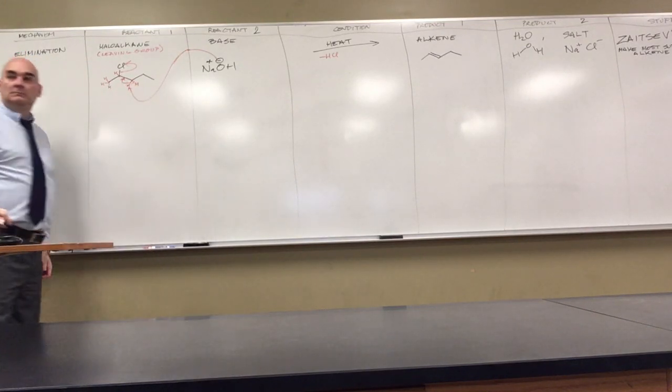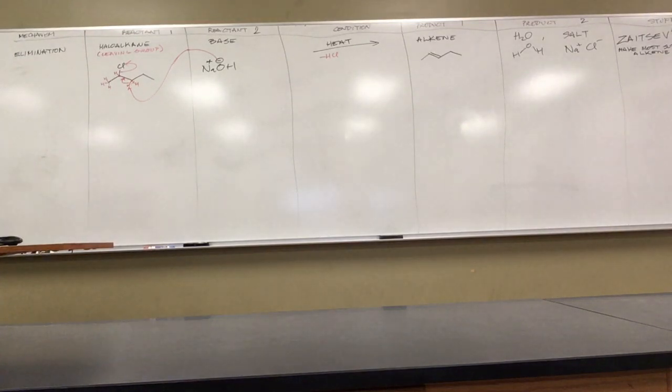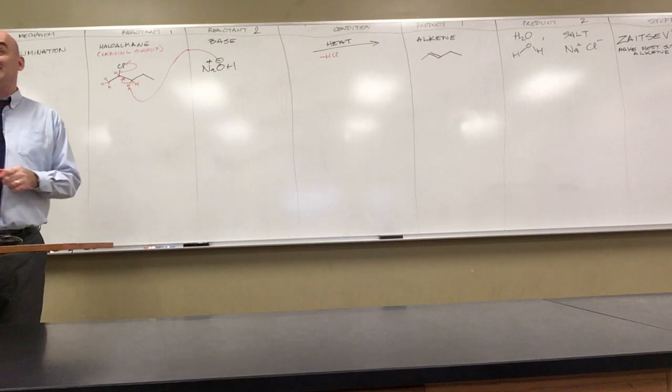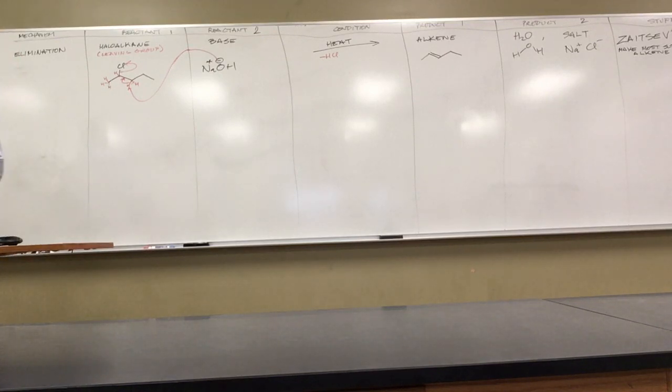Okay. It does have a strong base, but I can do E1s with strong bases as well. Because for an E1, the base doesn't matter. So an E1 will work with anything. How do I recognize that this is an E2?